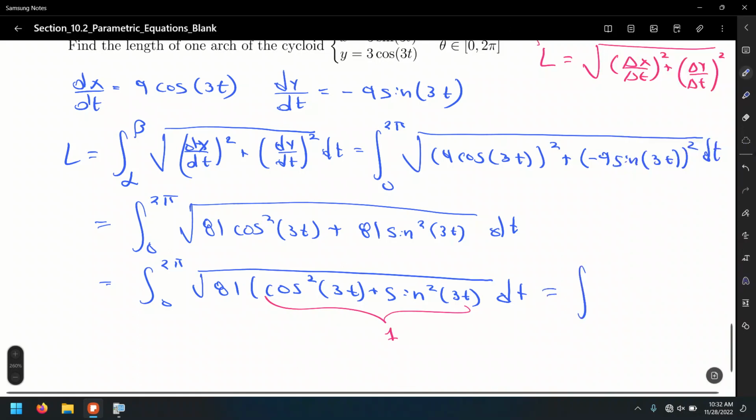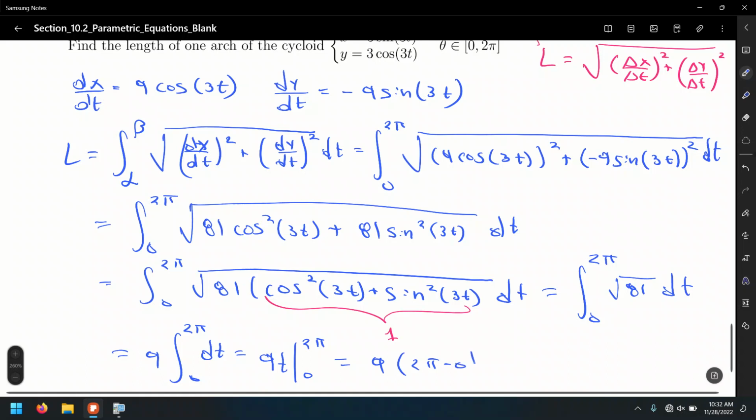So that's the integral from 0 to 2 pi of the square root of 81, which is 9, and that equals 9 times the integral from 0 to 2 pi of dt, which is 9t from 0 to 2 pi. And 9 times 2 pi minus 0 is simply 18 pi.